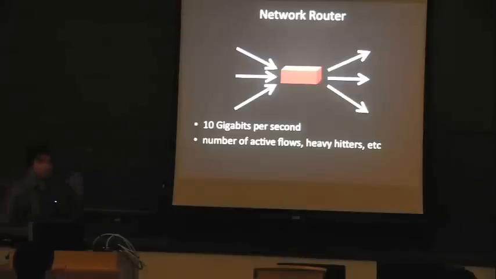How could you use this very simple computing device to do simple monitoring like, can you tell me how many active flows are in the router? Which are the flows that are contributing most of the traffic? And these things are important because monitoring these sorts of things is central to various security measures like early detection of denial of service attacks.